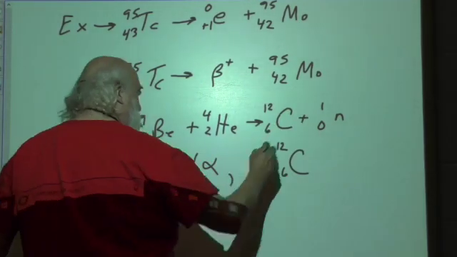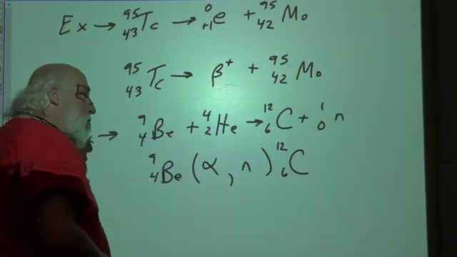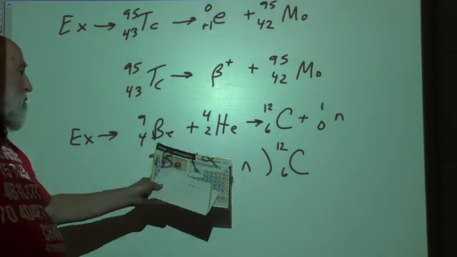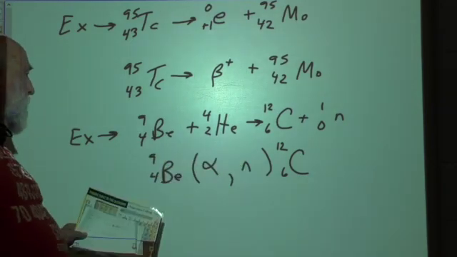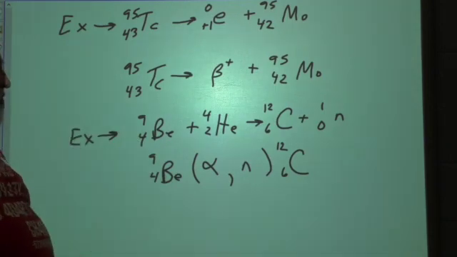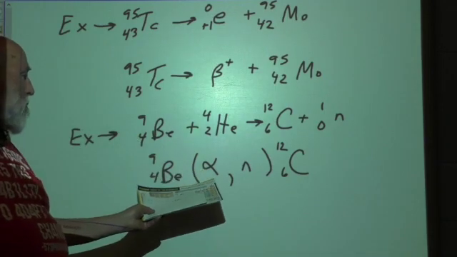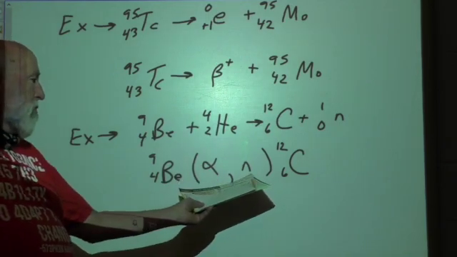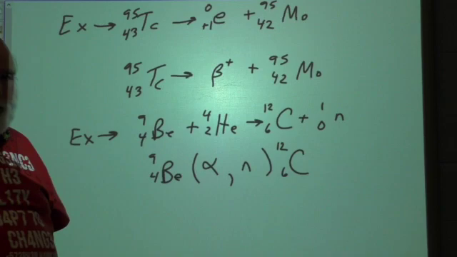And then we just have the neutron here. We don't put the numbers with those. We just use their symbols. So alpha and n is what we use for that. And this is basically a shorthand representation of what's going on here. So you bombard with alpha particle, and one of the byproducts is a neutron.